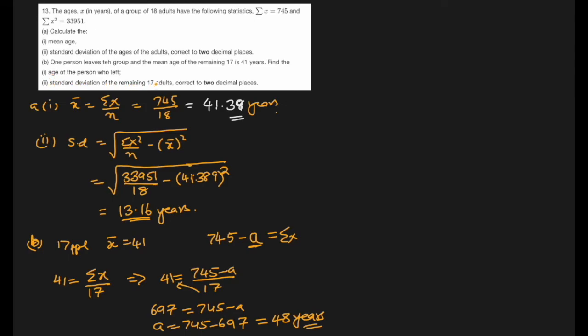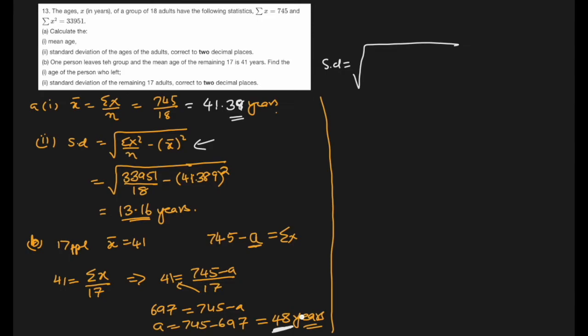Standard deviation of the remaining 17 adults. All right, so we'll use exactly the same formula we used here. Sigma for standard deviation now will be sigma x square, and from this x square we have to subtract the square of the age of the person who left.